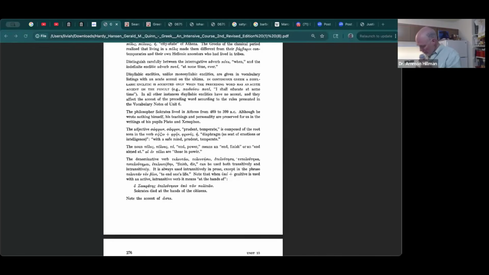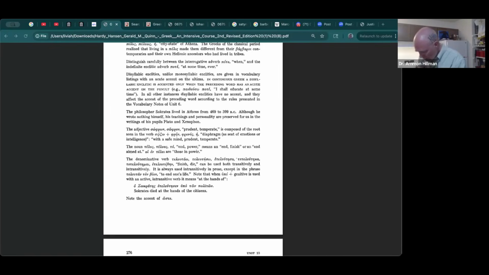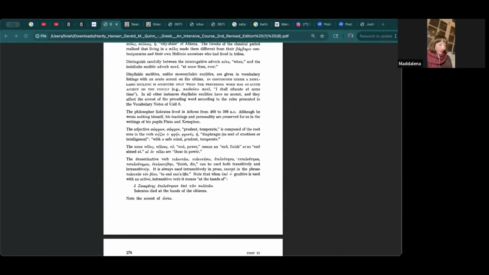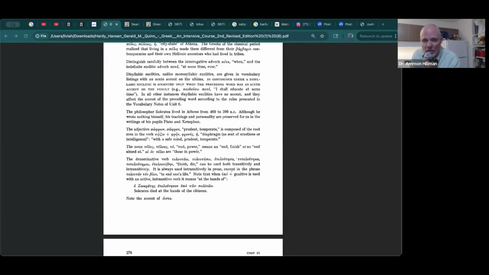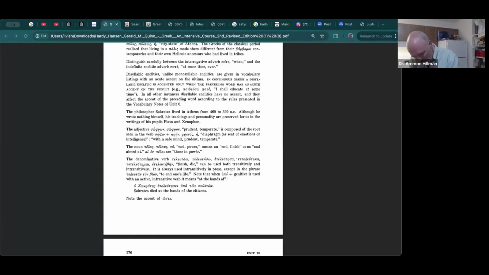This is not something you're going to get except in an intensive course. So on page 698, look at the top. Did you know there's something called an exclamatory genitive? No, you didn't know that before now. That's why you're taking Greek, so you can learn that. It's just an exclamation in the genitive case.